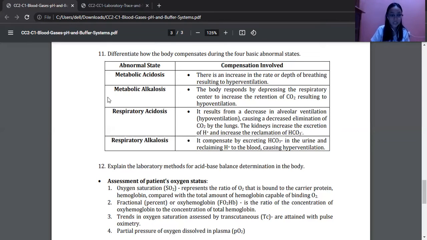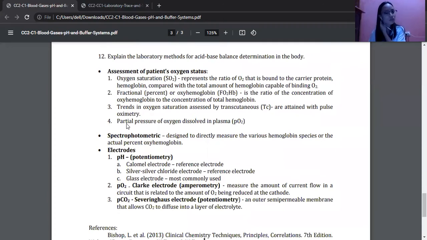So the next is the laboratory methods for acid-base balance determination in the body. So we have the assessment of the patient's oxygen status: the oxygen saturation, functional oxyhemoglobin, the trends in oxygen saturation, which is assessed by the transcutaneous, and the partial pressure of oxygen dissolved in plasma.